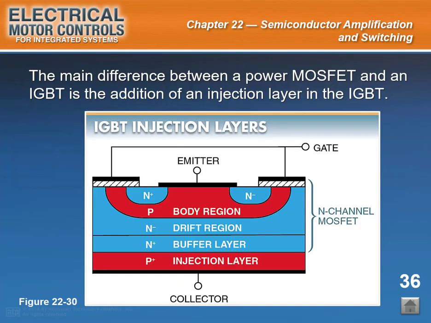Start of slide 36. Slide caption. The main difference between a power MOSFET and an IGBT is the addition of an injection layer in the IGBT. See figure 22-30. This is a highly technical, yet subtle difference. Due to the presence of the injection layer, current carriers called holes are injected into the highly resistive N layer and a carrier overflow is created.